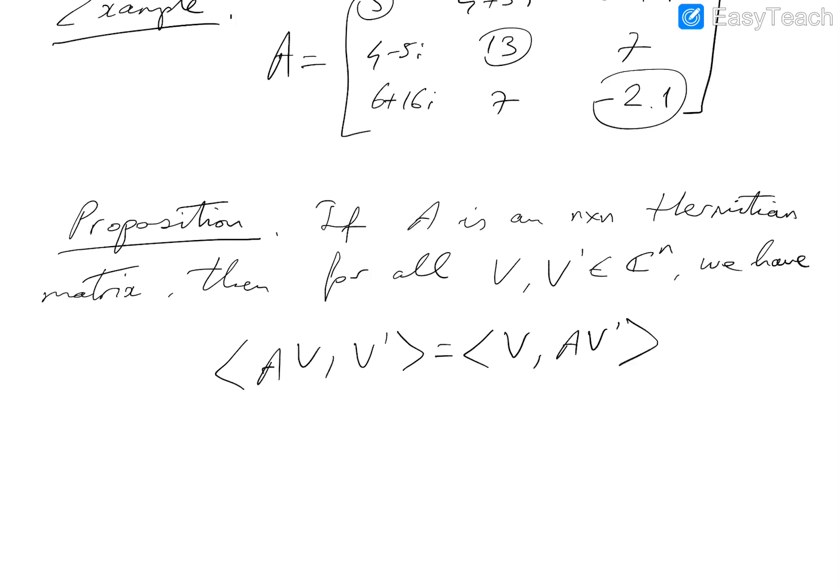So if A is a Hermitian matrix, then we can change sides of A without taking the complex conjugate.